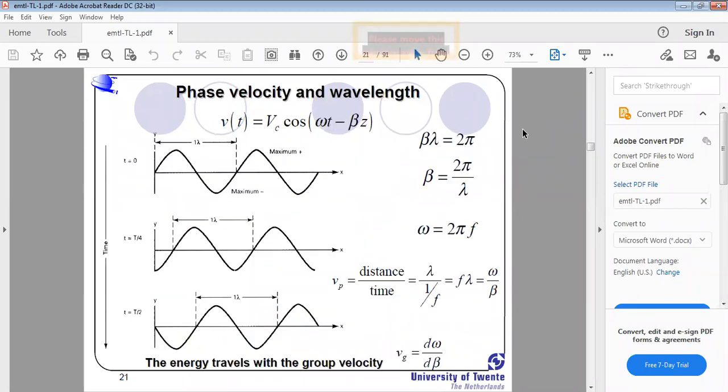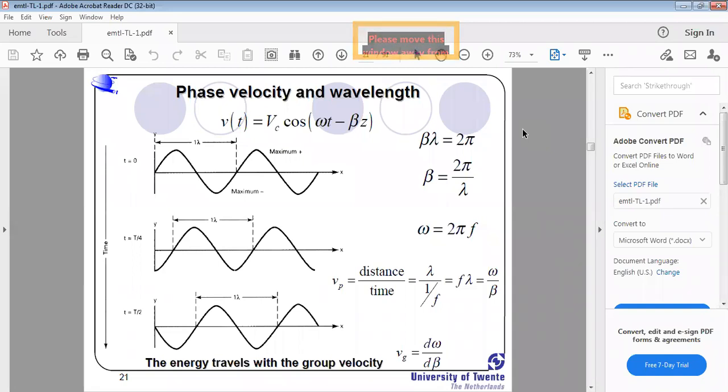See here, phase velocity. Already in the last class we defined two terms called phase velocity and group velocity. Phase velocity is already defined: v sub p, velocity equals distance by time. What is meant by distance? Distance is nothing but the wavelength, how far the wave travels to get a phase shift of 2 pi.